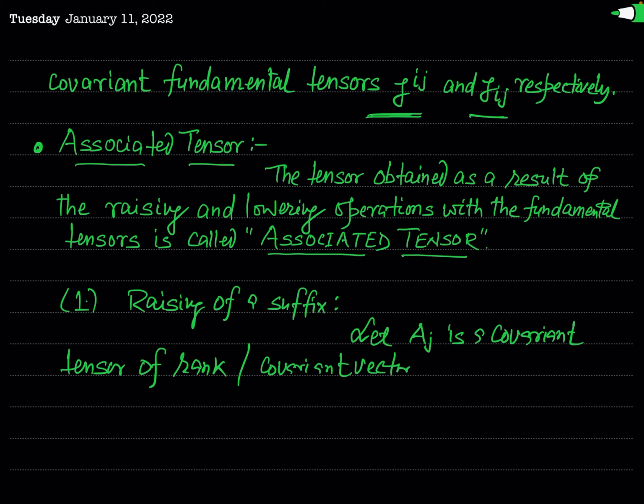As I have told you earlier, this is done with the help of the fundamental tensors. So if you want to raise the suffix of a covariant tensor of rank 1, you have to take the inner multiplication of this given tensor A sub j with the contravariant fundamental tensor G super Ij.